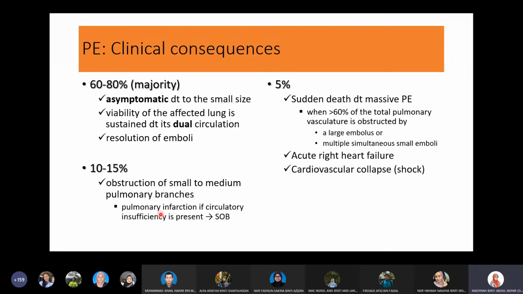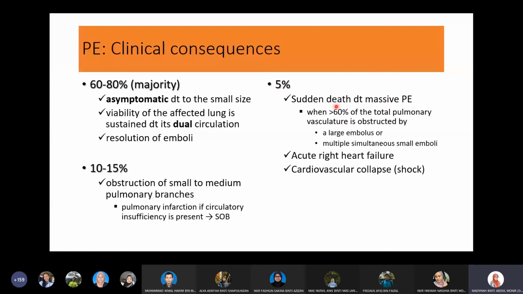In this type of patient, they will present with shortness of breath or dyspnea. In a small percentage of patients, about 5%, they can have sudden death due to massive pulmonary embolism. Why do they have this complication?